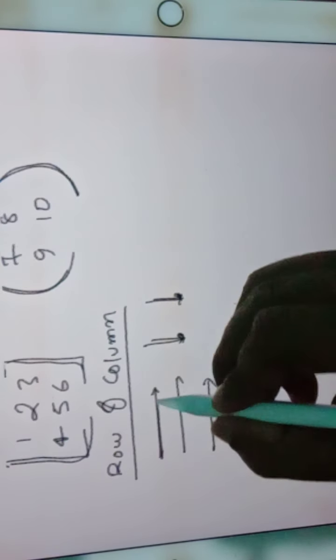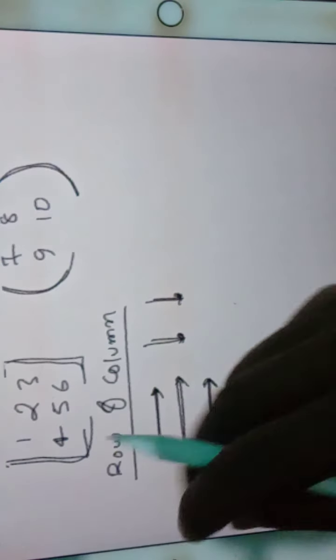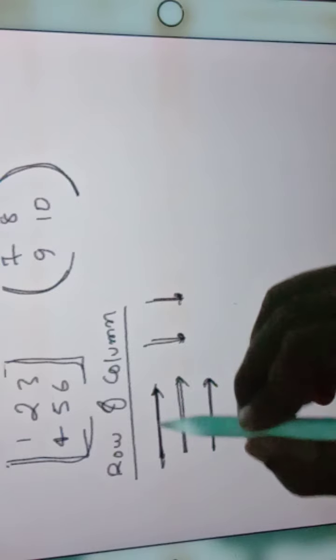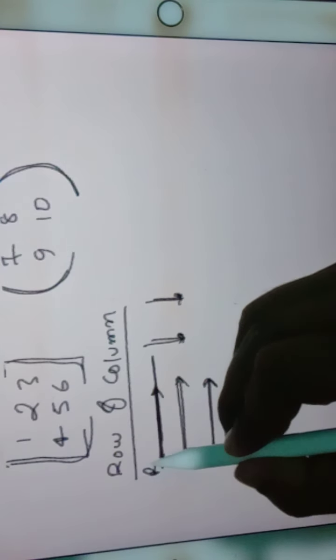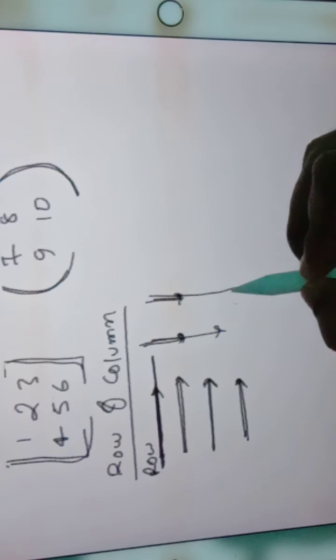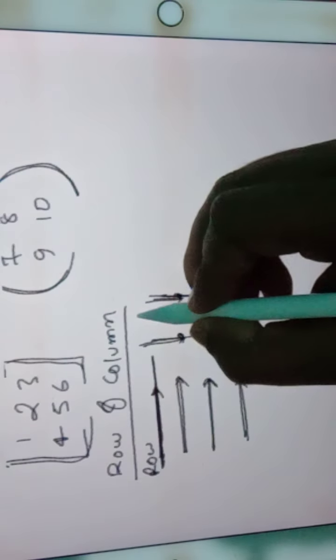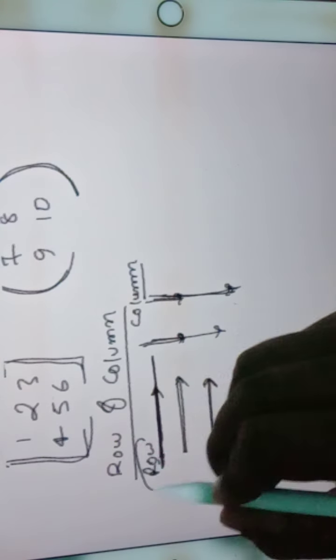It means if we go in the horizontal direction, then it denotes a row. All the things which are on the same horizontal place are on the same row. And if all are in the same vertical line, then it is known as the same column. Okay, column. Now clear?